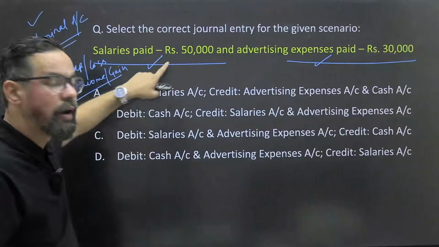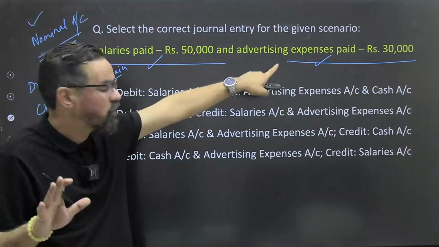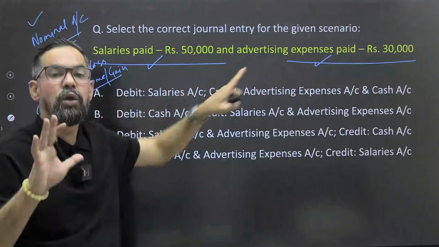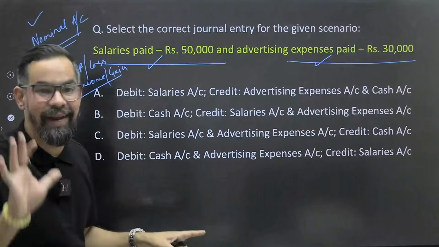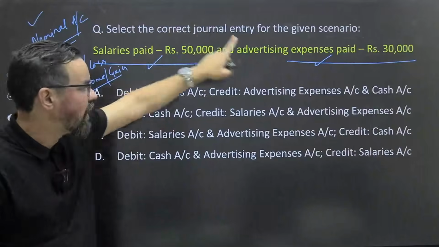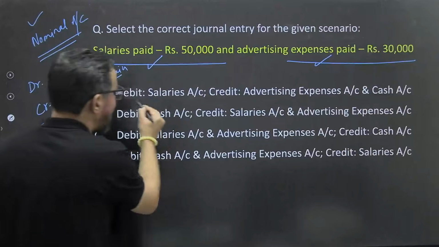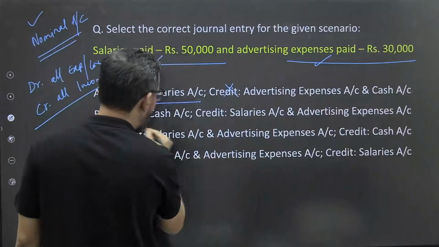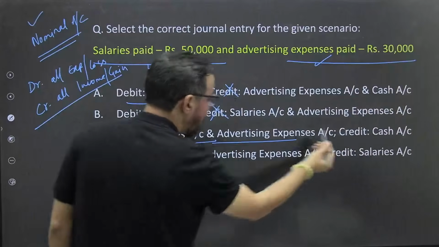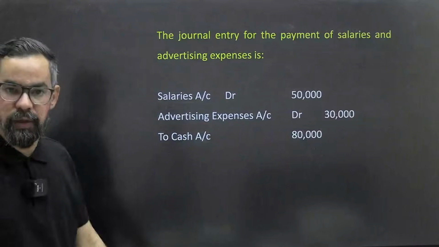You have to debit salary account by 50,000, debit advertisement expense by 30,000, and credit your cash account by 80,000. 50 plus 30, 80,000. So debit salary and advertisement expense, credit cash account, 100% true. So option C will be the right answer for this particular one, right?